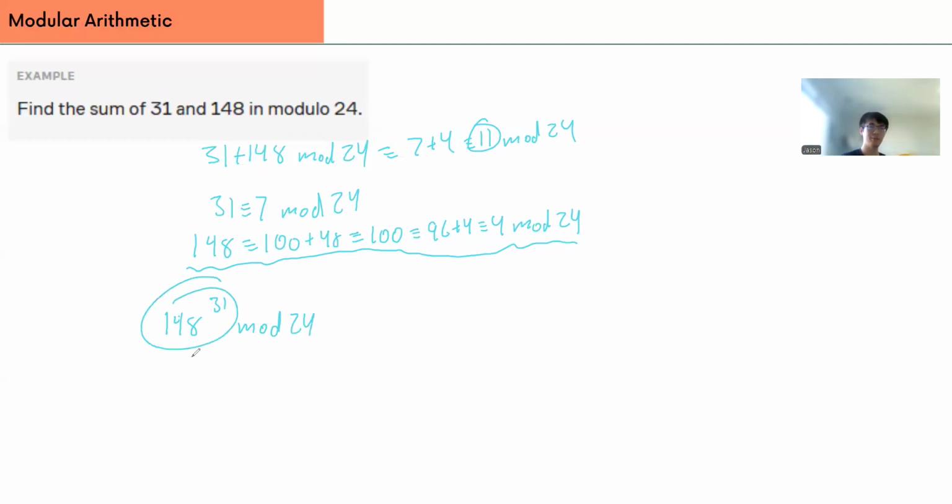We automatically know that we can substitute this 148 as 4. So this is congruent to 4 to the power of 31. We can't do the same thing with 31, unfortunately, but we can do this with the base of our exponent. So this is really the key point of modular arithmetic, you can replace any number, logically any number, with its equivalent representation.